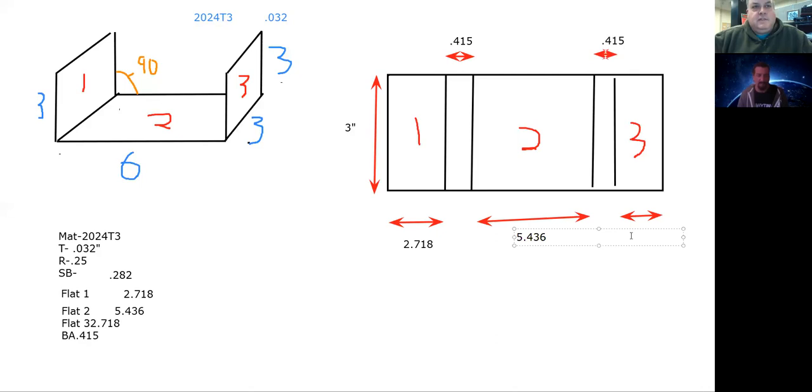And last but not least, flat 3? 2.718 again. Okay, and then the last thing we need to do is add all those up together to get the complete length, which would be what?